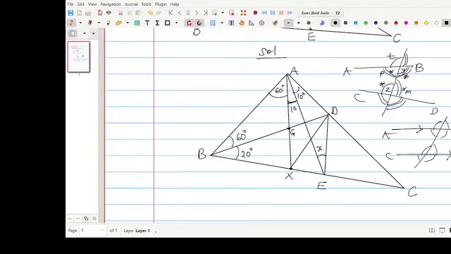So in other words, for corresponding angles to be equal, the lines such as AB and CD over here must be parallel. Otherwise, corresponding angles cannot be equal. Likewise, alternate angles. So take note of this. Conversely, if corresponding angles are equal, it implies that the lines are parallel.